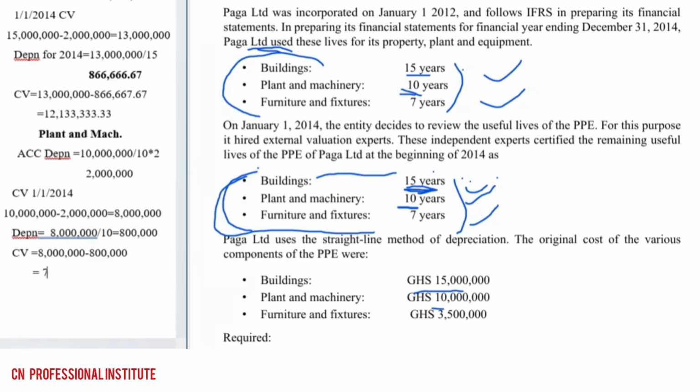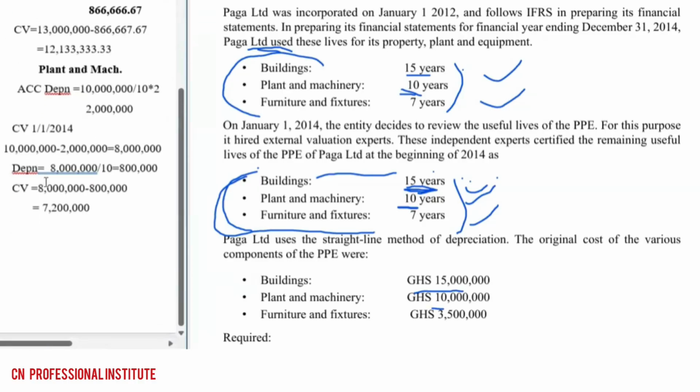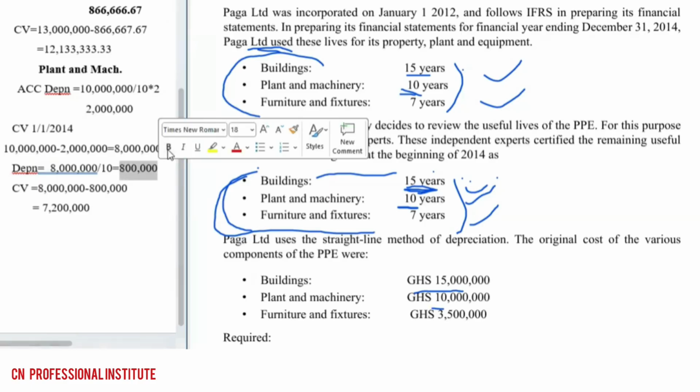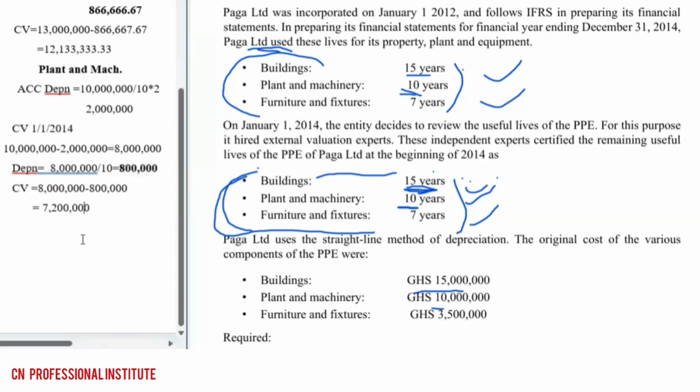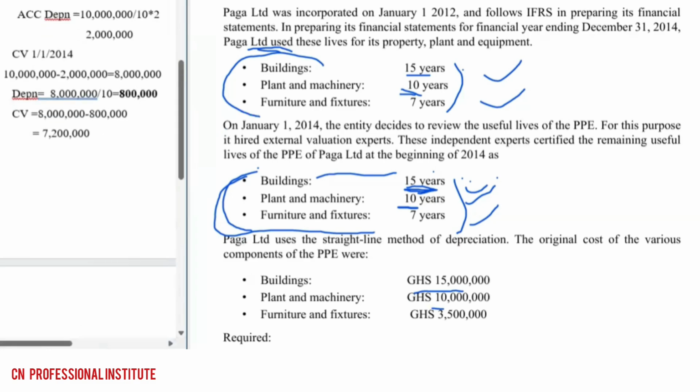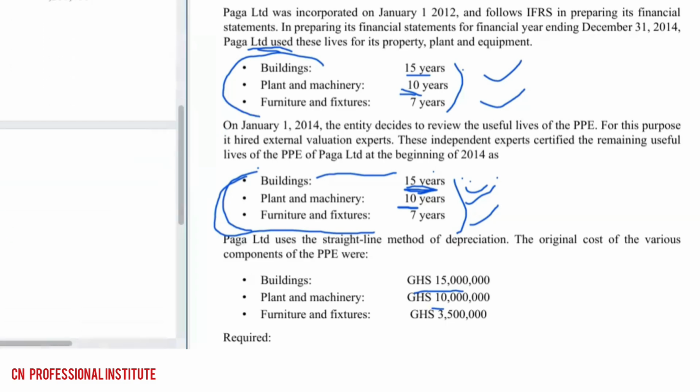So that will give us 7,200,000. So that's it. For 2014, we are going to record depreciation of 800,000, because we are looking at the impact on the P&L, on the income statement, that the question said we should do.